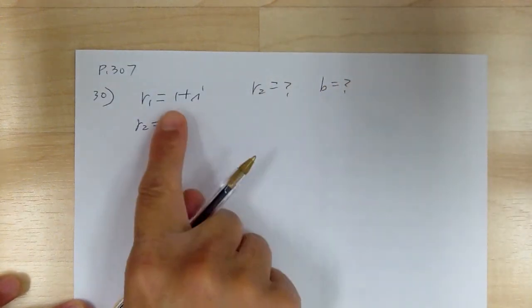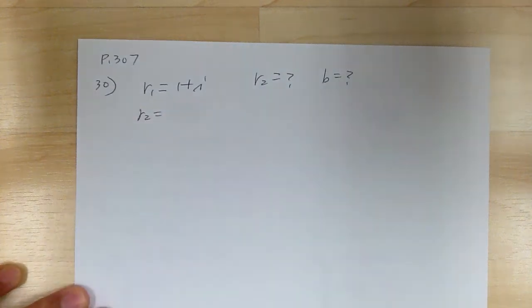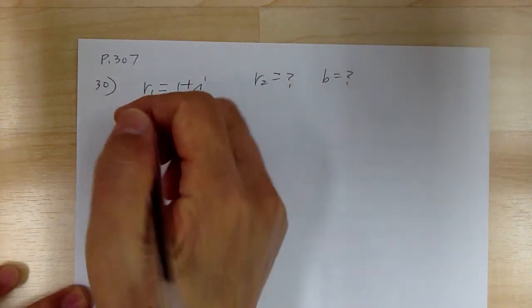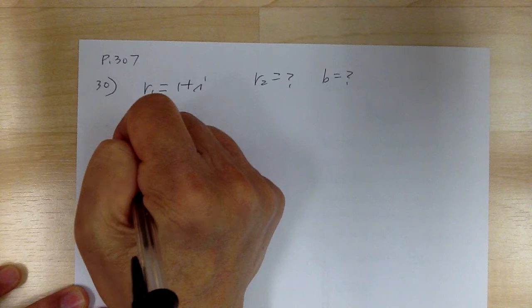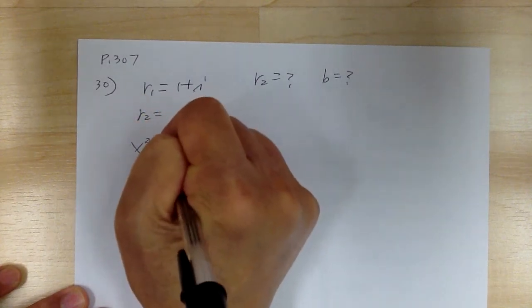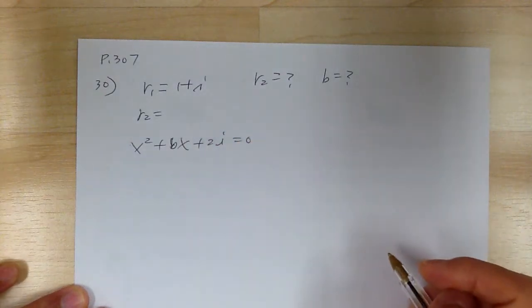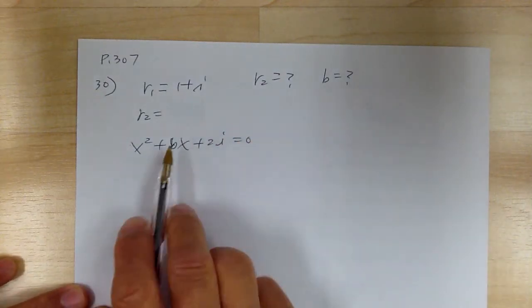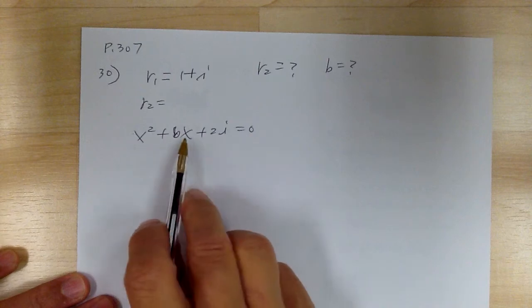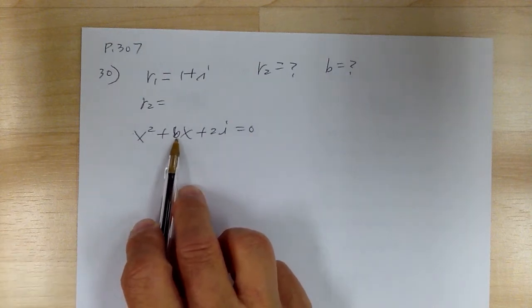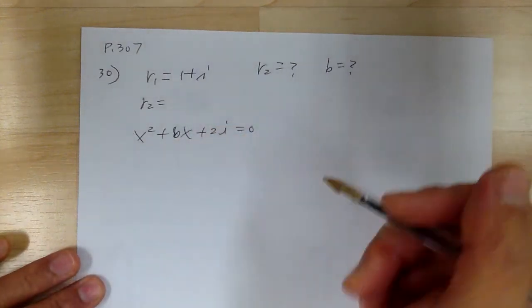Okay, so right away, you know that the original equation is x squared plus bx plus 2i equal to 0. Okay, so notice that from here you know that this has to be conjugate. Let's go and match things up.